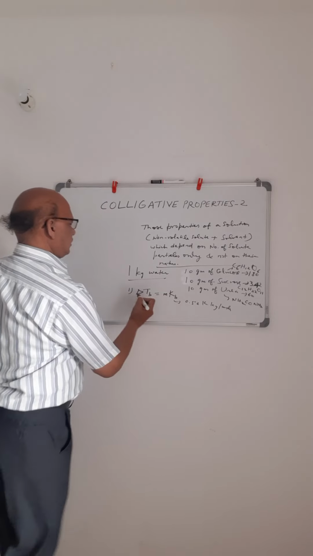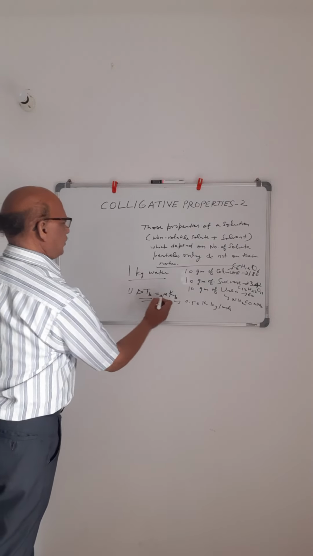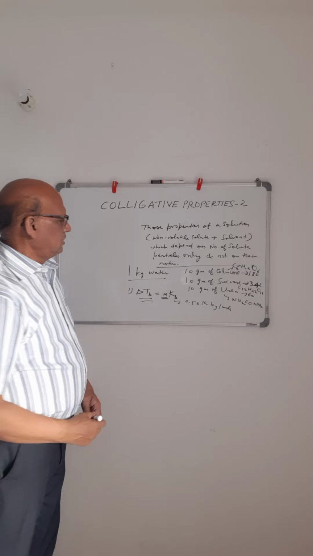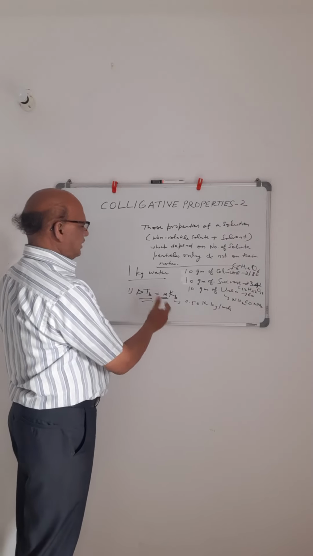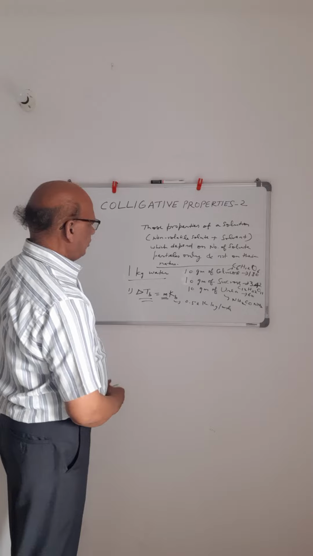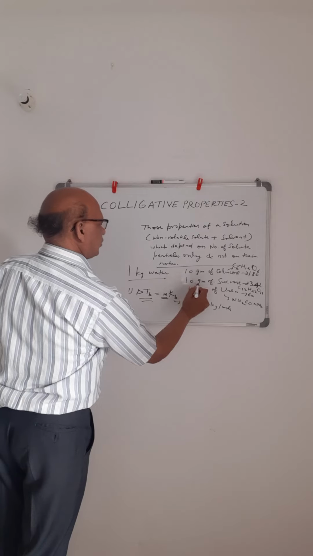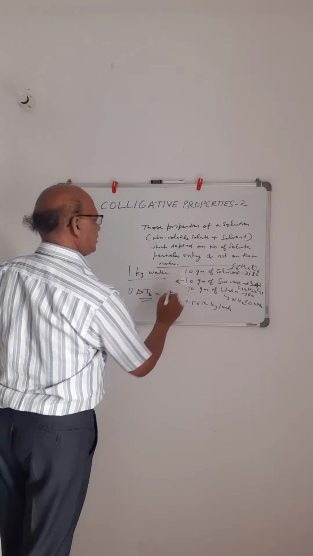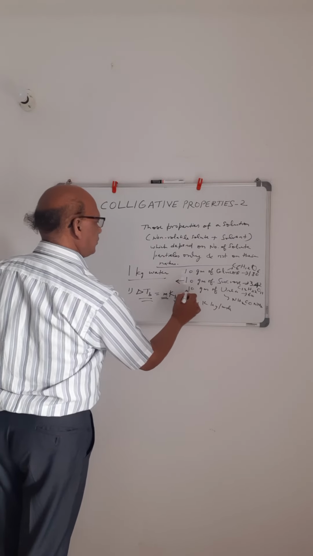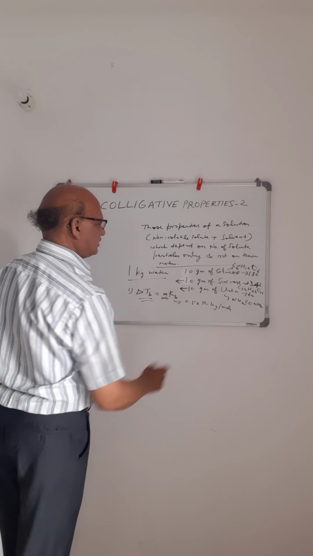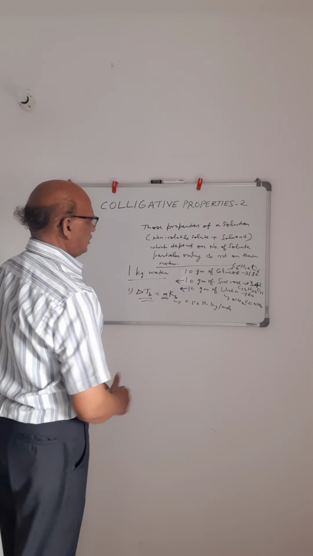So this elevation in boiling point is directly proportional to molality, and molality is number of moles per kg of solvent. So we see that the number of moles of sucrose will be least and the number of moles of urea will be maximum, because this molar mass is minimum among the three.